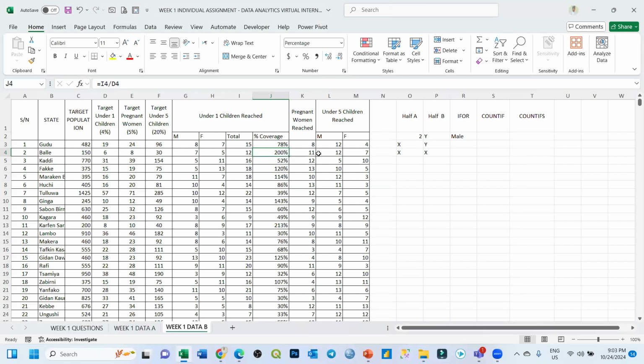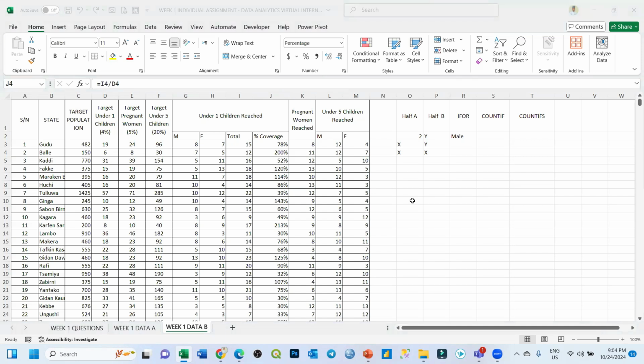Understand this issue that I just gave. We want to count the number of states with more than 300 target population and with more than 75% coverage. These are the two things we are counting. So understand this. So let's see how we are going to do this.